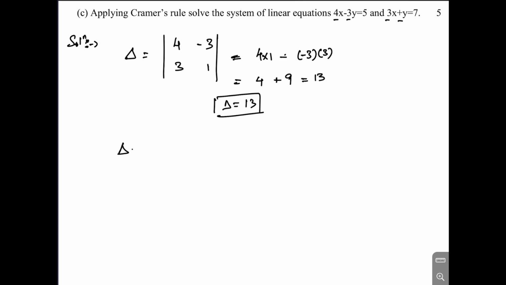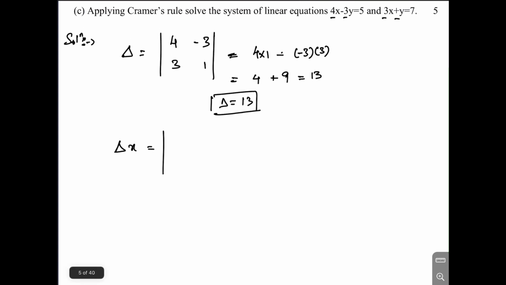Then we need to find out delta x. To find delta x, we have to change the first column with these two numbers, 5 as well as 7. So the determinant is [5, -3; 7, 1].